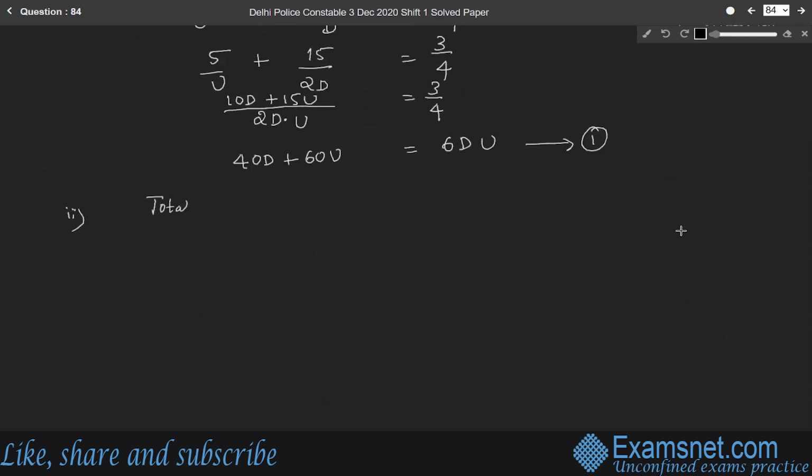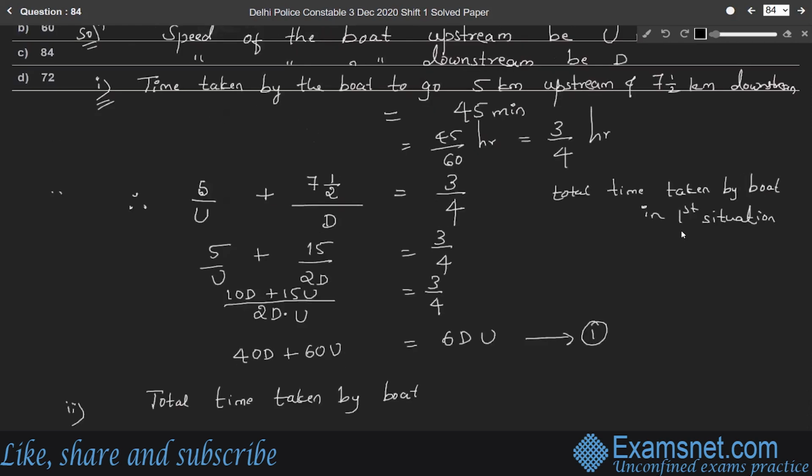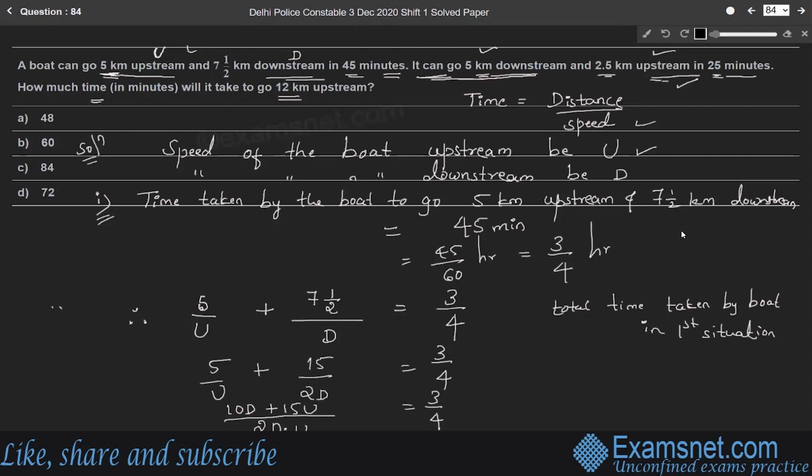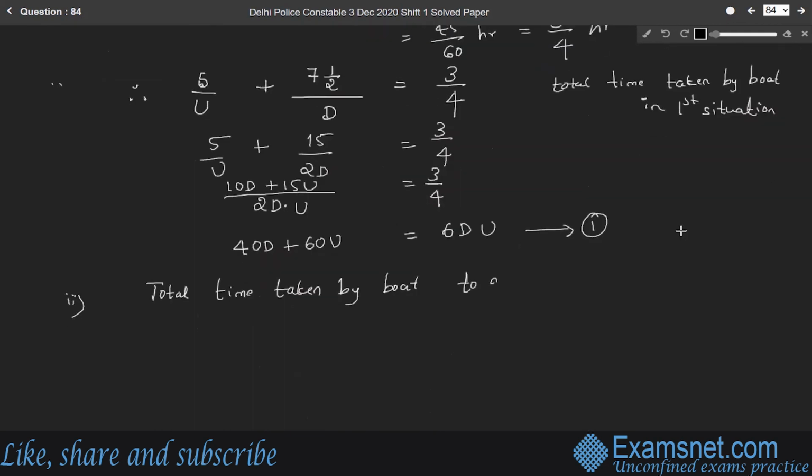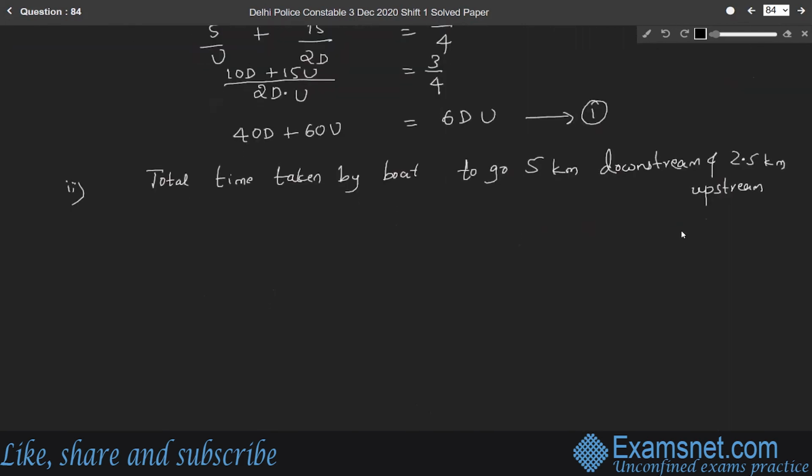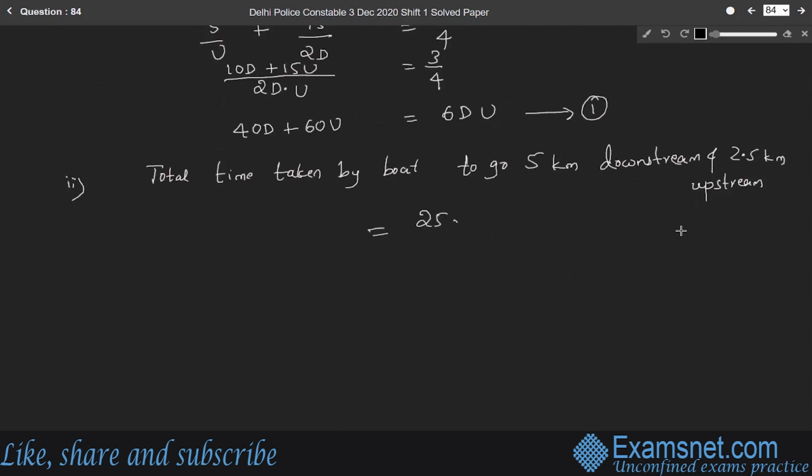Total time taken by the boat to go 5 km downstream and 2.5 km upstream. What is the total time? It is 25 minutes, which is 25 by 60 hour, right?